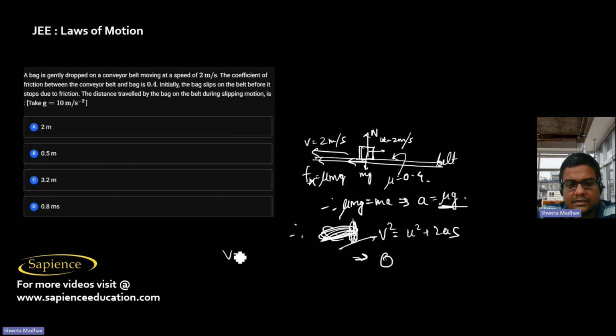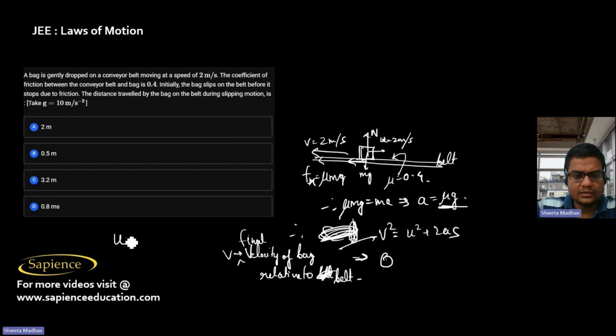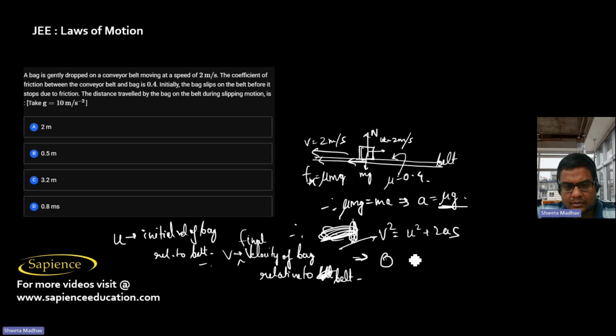Here v is the final velocity of the bag relative to the belt, and u is the initial velocity of the bag relative to the belt.